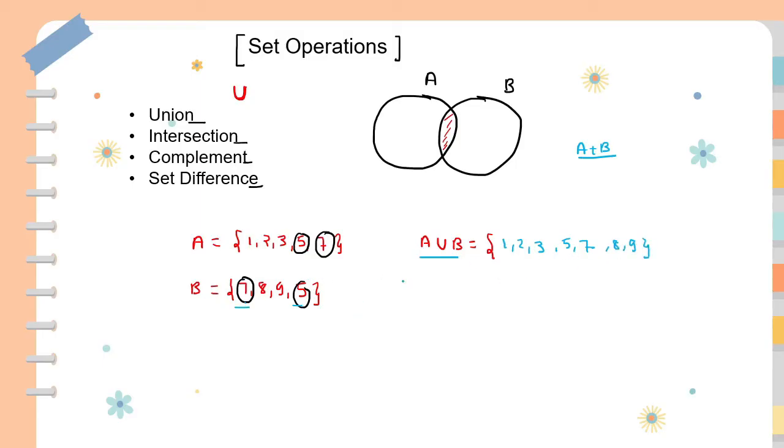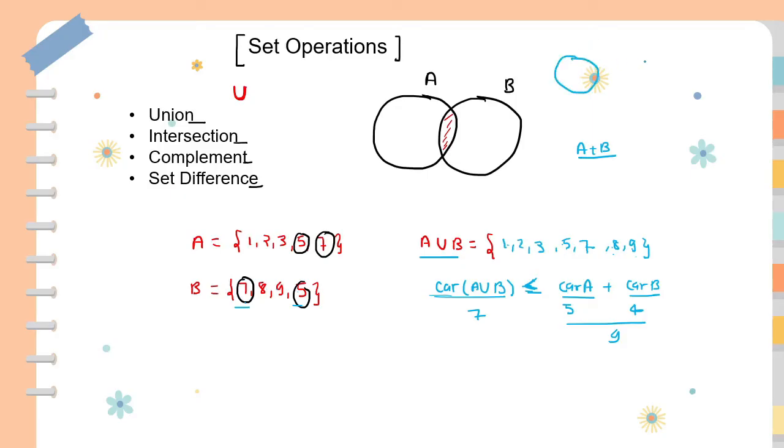So the cardinality of A union B will always be less than or equal to the cardinality of A plus the cardinality of B. The cardinality of A was 1 2 3 4 and 5, and the cardinality of B is 1 2 3 4. But the cardinality of A union B is 1 2 3 4 5 6 7. So it is 9 for the sum, and it is 7 for the union.